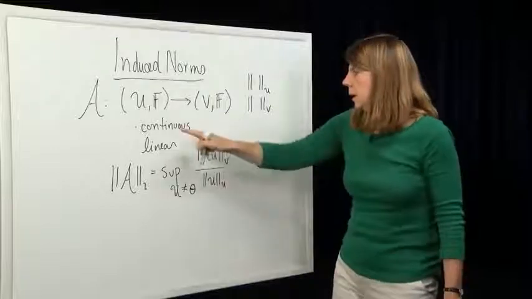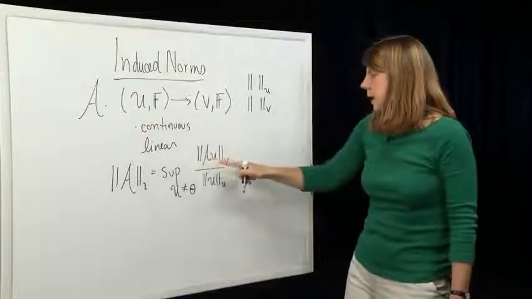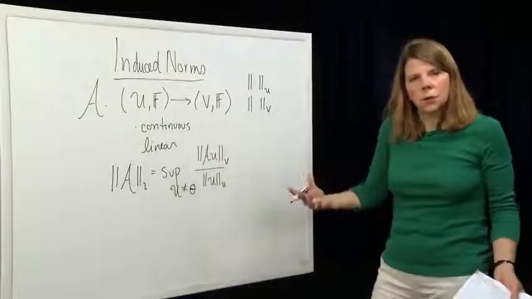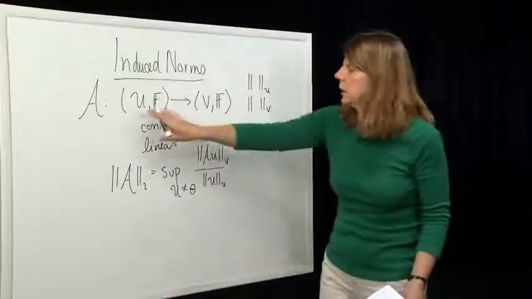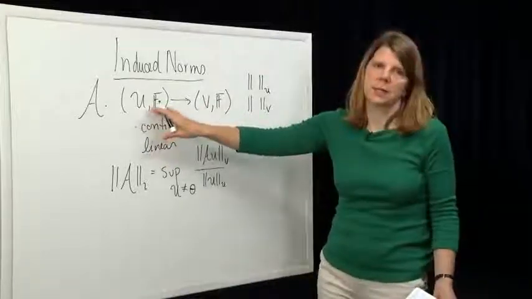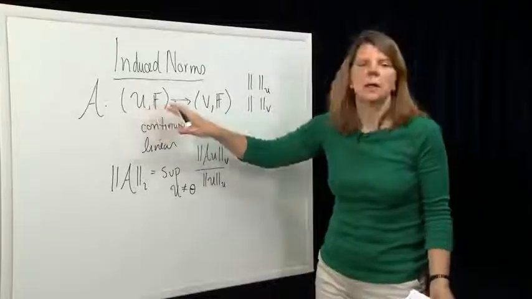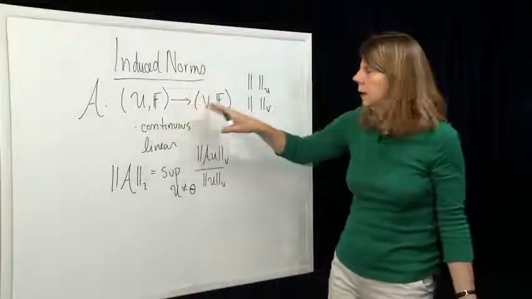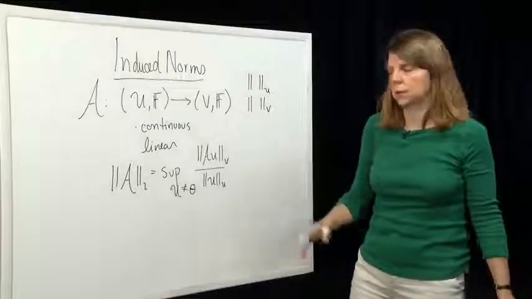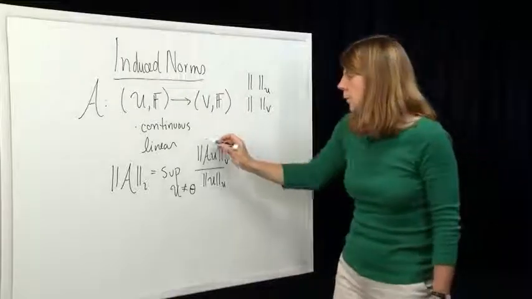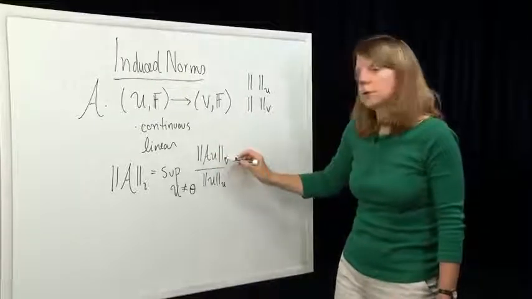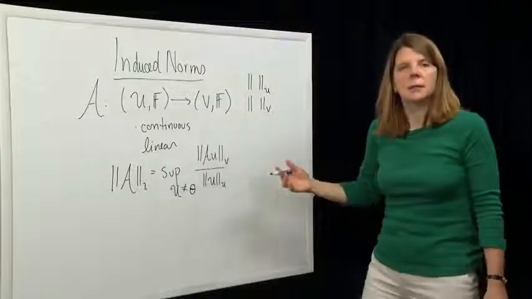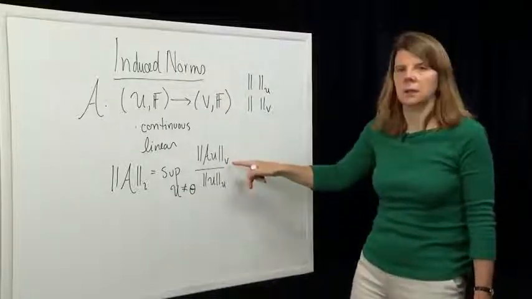So if we look at these vector spaces, typically in this course, we've been dealing with linear maps between vector spaces, where the vector spaces are finite dimensional vector spaces. U might be Rn, and V might be Rm, for example. And so when we think about this vector norm, we can use any vector norm in V that we like.